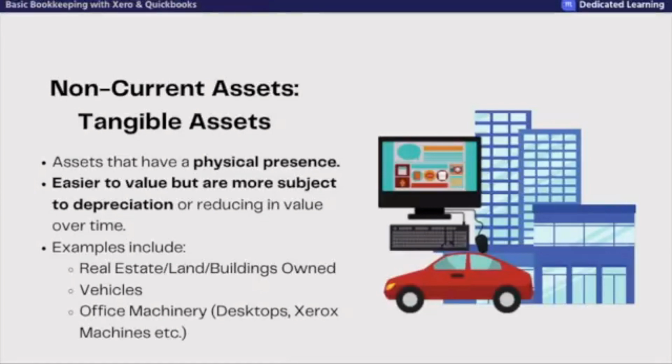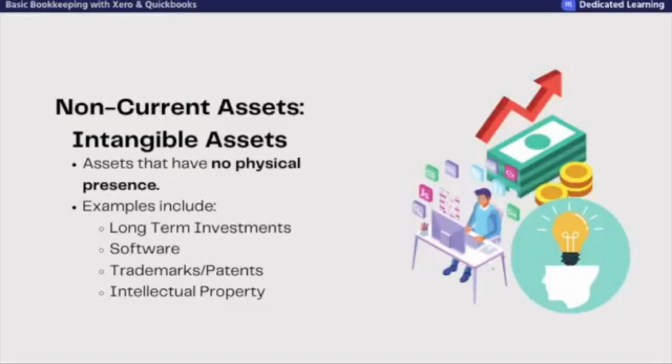So this includes real estate, the lands, the buildings that are owned, vehicles, etc. Tangible assets are typically easier to value, but at the same time are more subject to depreciation, or reducing in value over time, because like anything physical in the world, they eventually wear down or expire. Something that's new eventually becomes old.